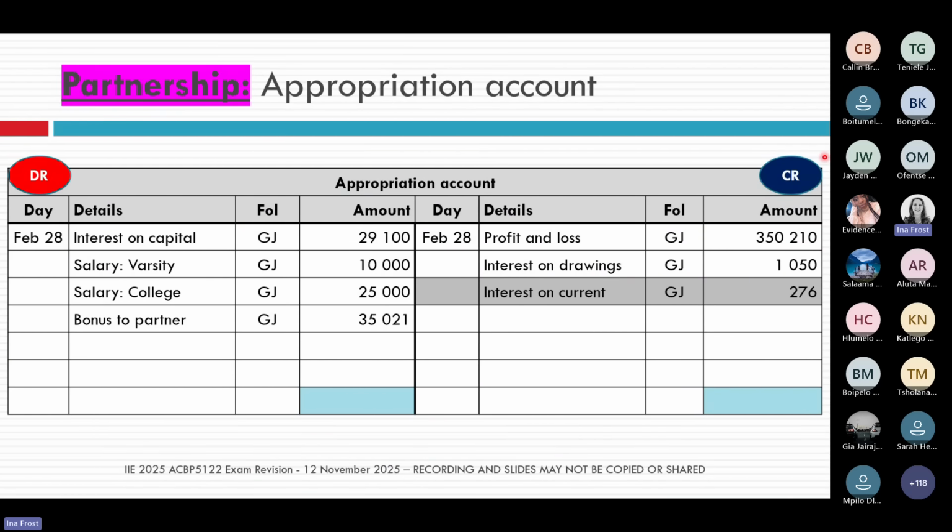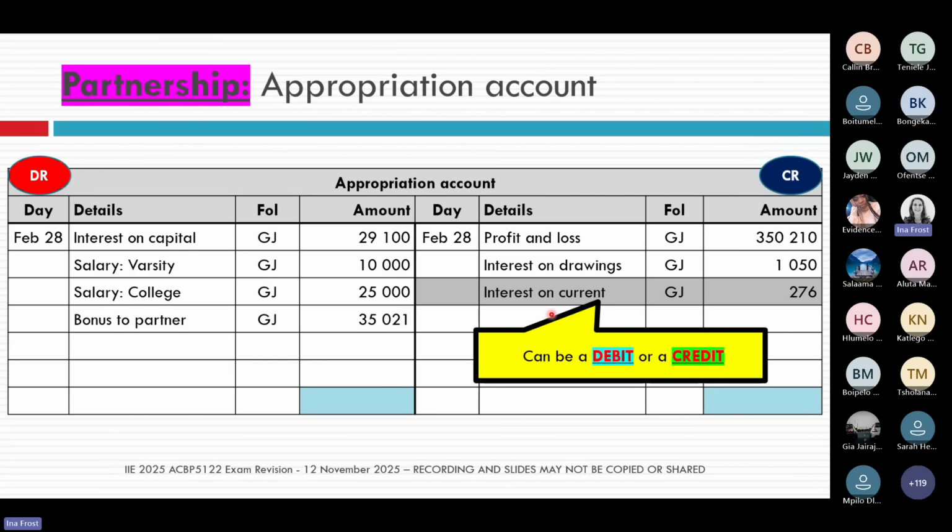Interest on drawings is always on the credit side. But the interest on the current account can be on the credit or the debit side, depending on whether the partners paid more interest to the partnership or received more interest from the partnership.